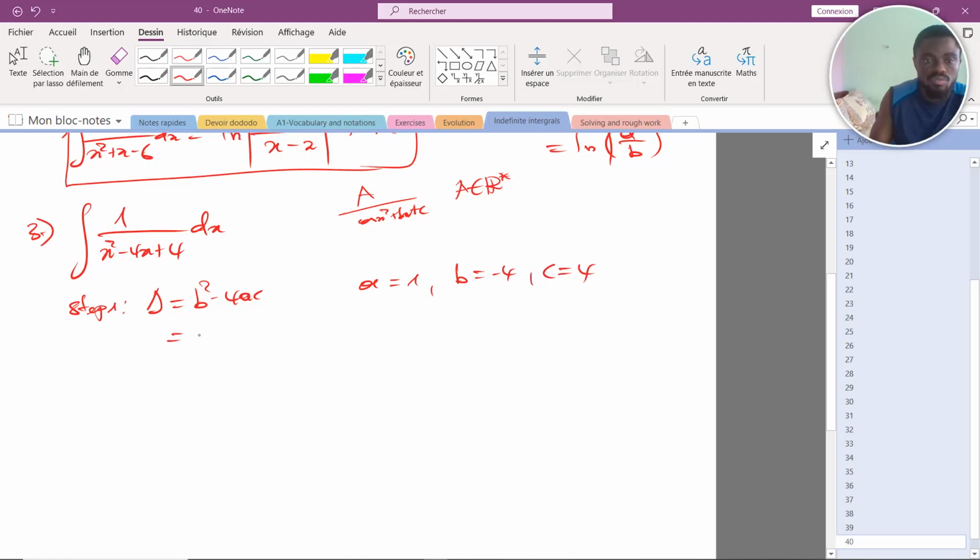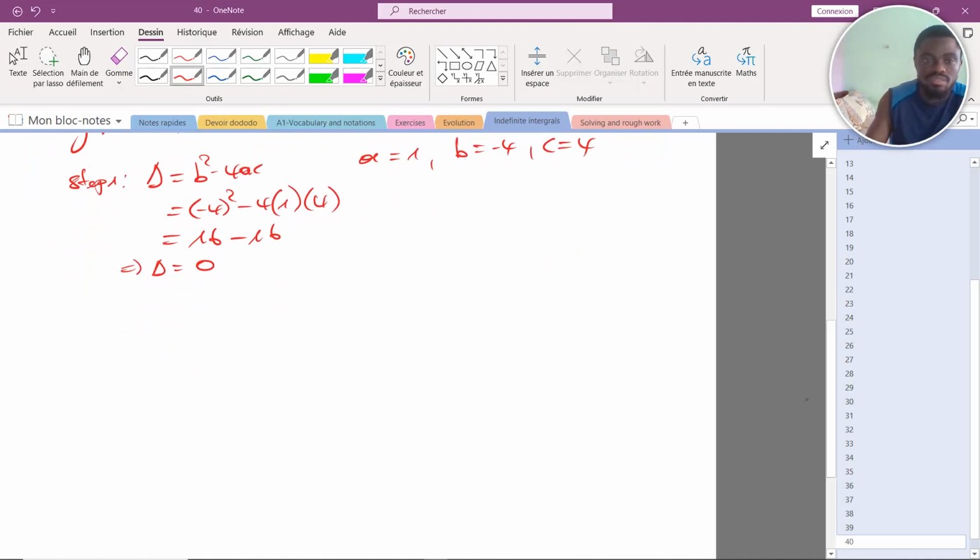Now our delta will be equal to minus 4 squared minus 4 into 1 into 4. This will be equal to 16 minus 16, so delta is equal to 0. So we see that the discriminant is equal to 0.